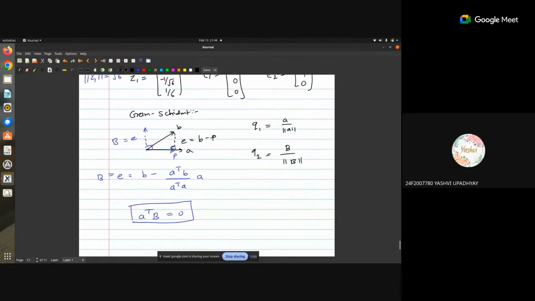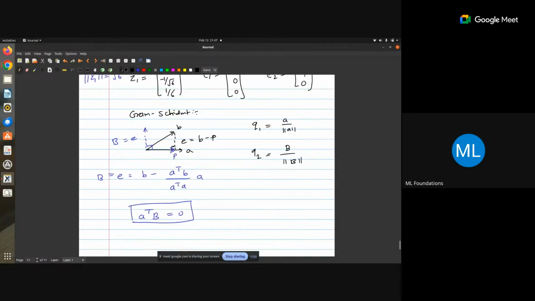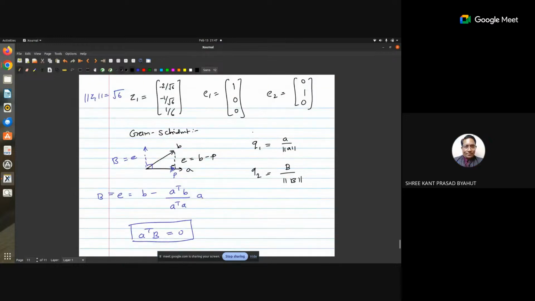Now think of it like this: I am just taking the projection of E1 onto Z1. So what will the error vector be? We are taking the projection of E1 on Z1.